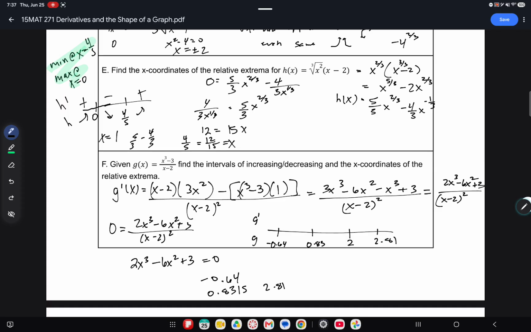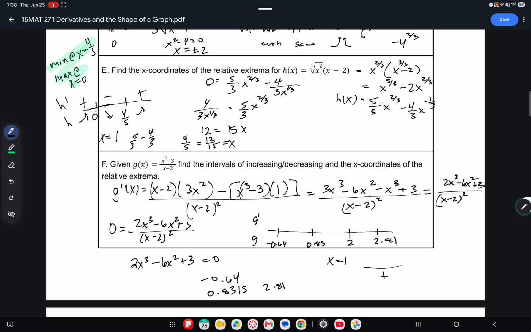The multiplicities are all odd, so they're going to cross each time. So let's just pick one value, and I'm going to say x equals 1. Nice number to work with. That denominator is always going to be positive because it's the quantity squared.